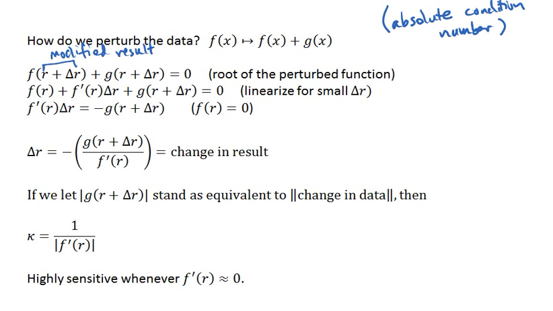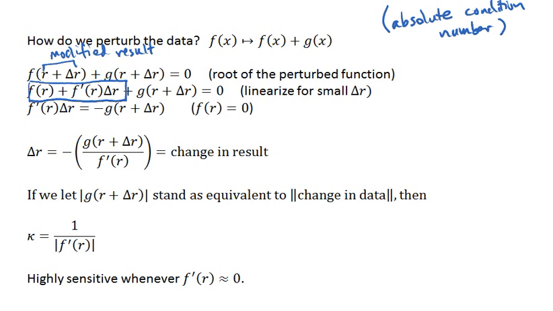To make some progress with this, we're going to linearize the function f, so that means we're just going to replace f of r plus delta r by these two terms. This is the linearization of that function. It should be valid for small values of delta r. It's an approximation, but we're just going to keep writing it like it's an equation.